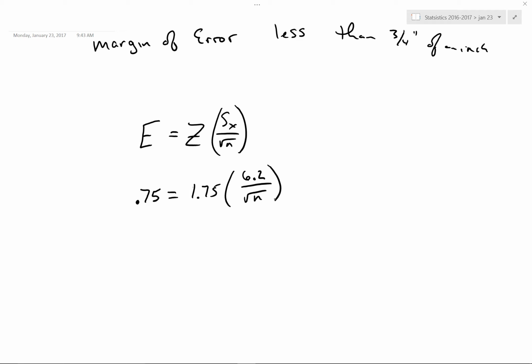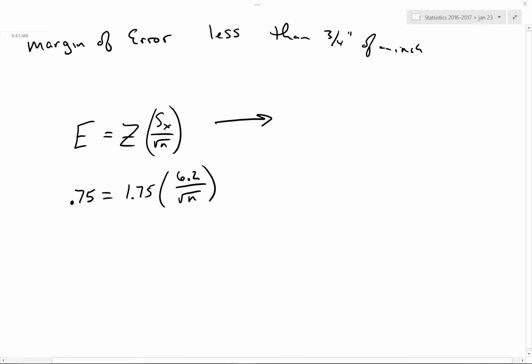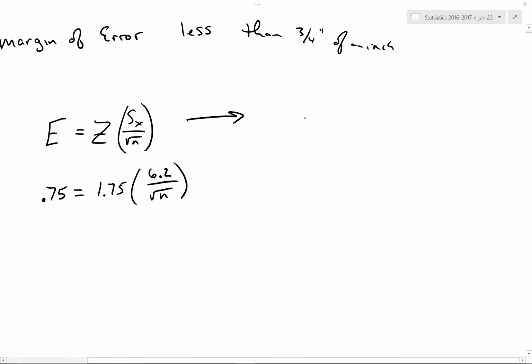Okay, here's the deal. I am going to show you the formula because, yes, we do make you do a little bit of Algebra 2 in this class. I believe your book actually uses sigma up here instead of S X. It's not a big deal.